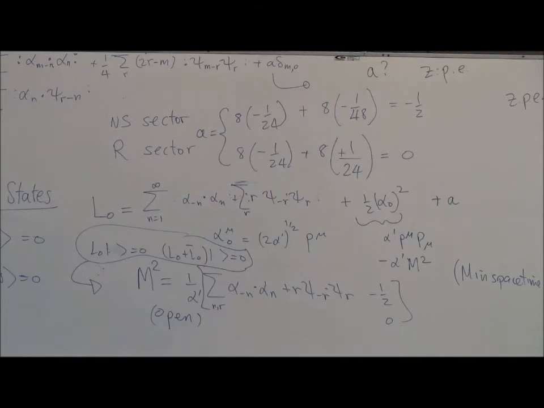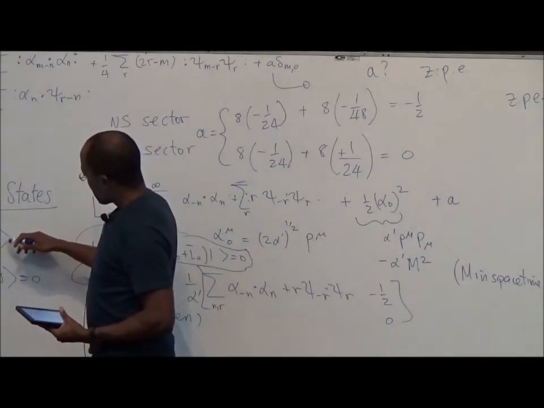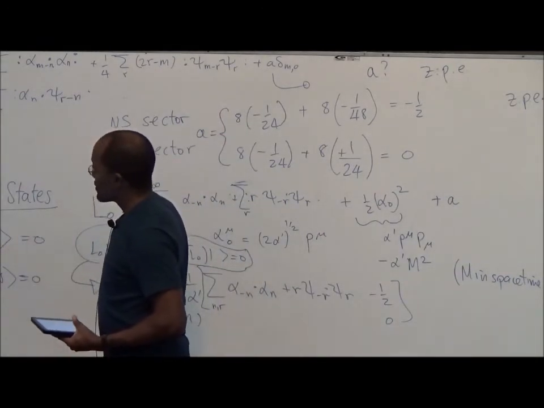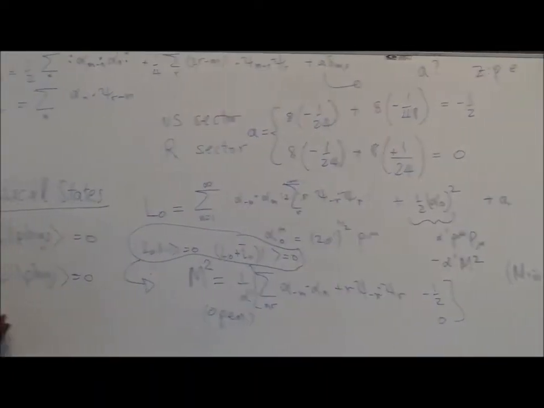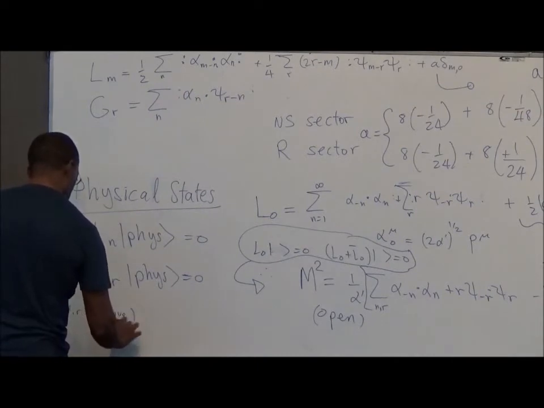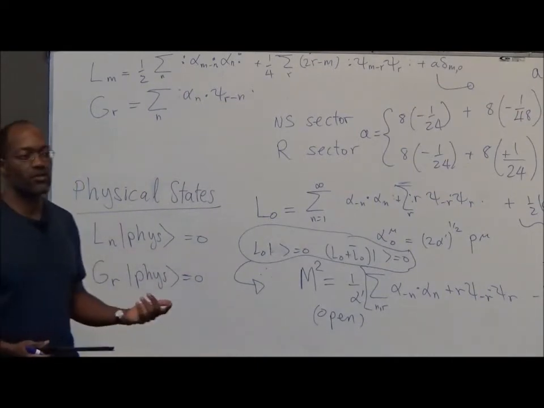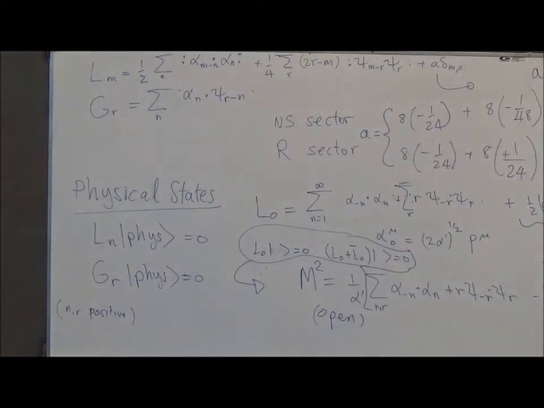I've asked that L0, which should also be positive, annihilates this thing. I should also ask that L1 annihilates this thing, and then L2 and L3. We'd be here all day.